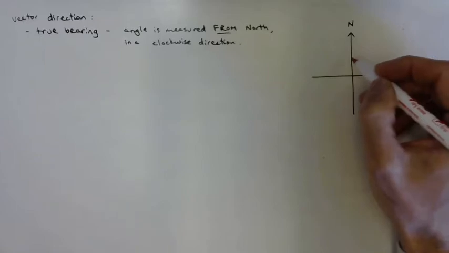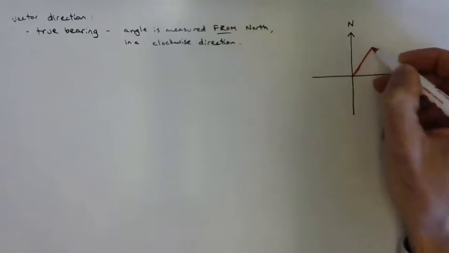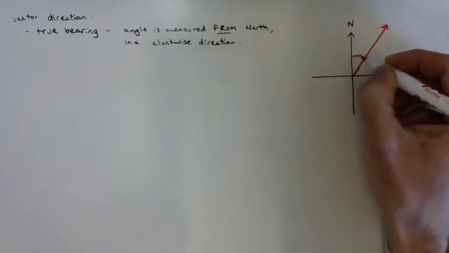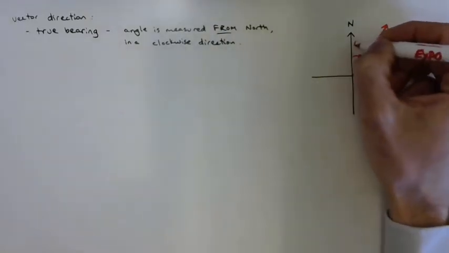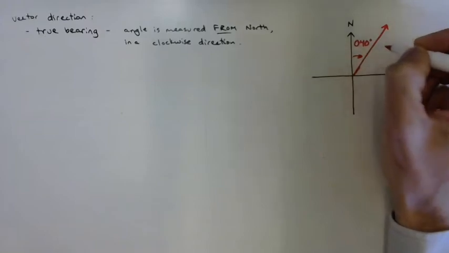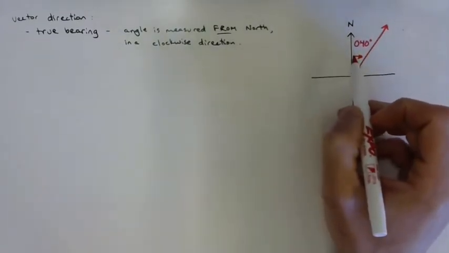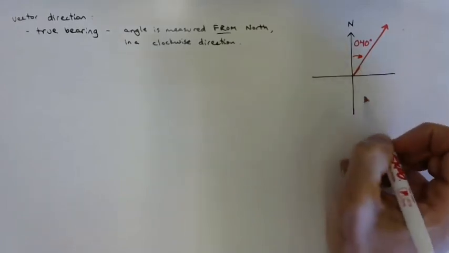And so if we had an angle of, let's say, 40 degrees from north, this vector right here would have a bearing of 040, or 40 degrees from north. It's always measured clockwise from north, okay?